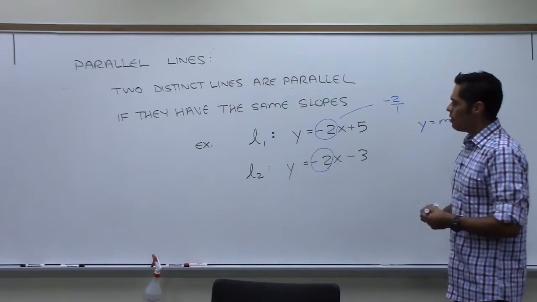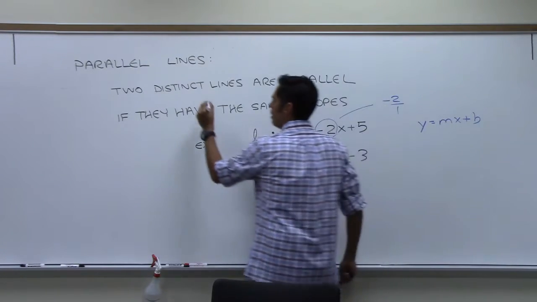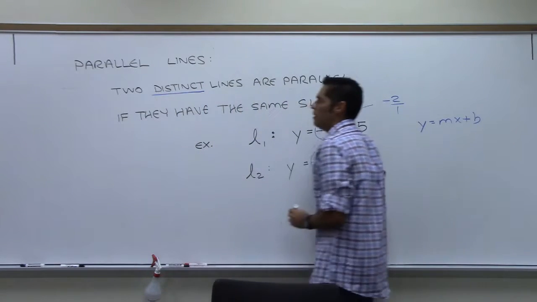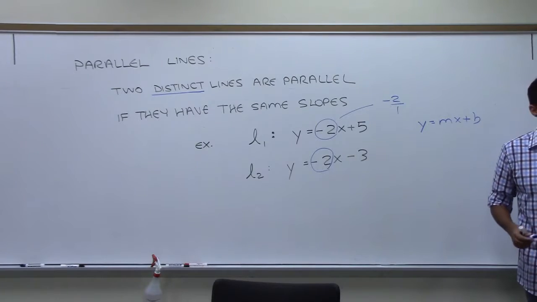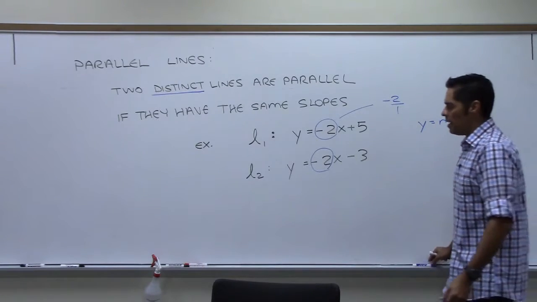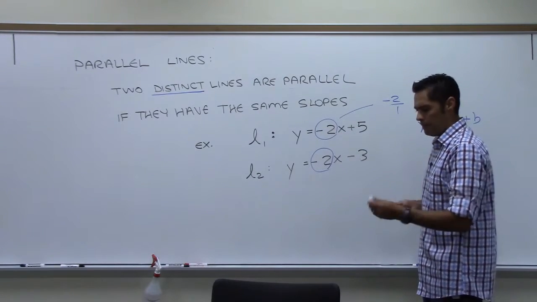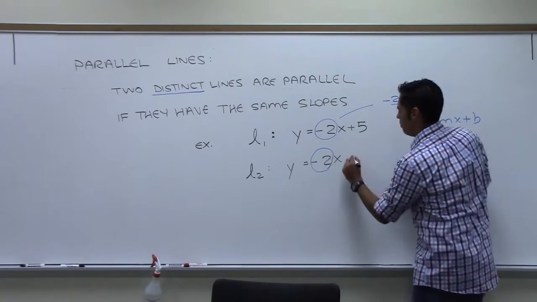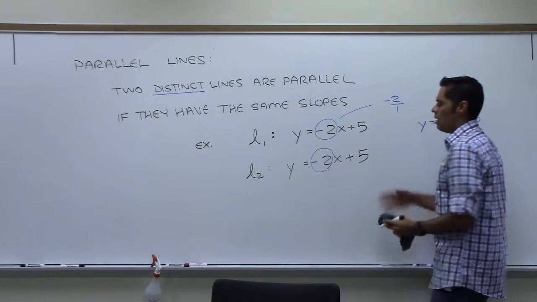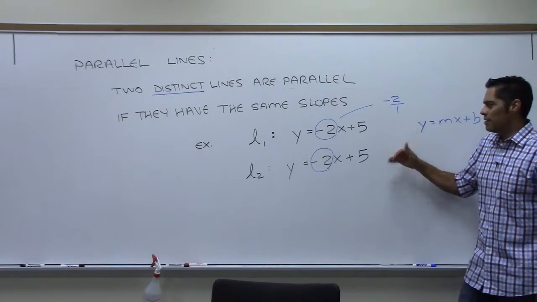There's another word in here that's important, and that is distinct. What we mean by that is that we're not talking about the same line. Like if I were to say, here's line 1, and here's line 2. Are they parallel? Well, it's the same line.